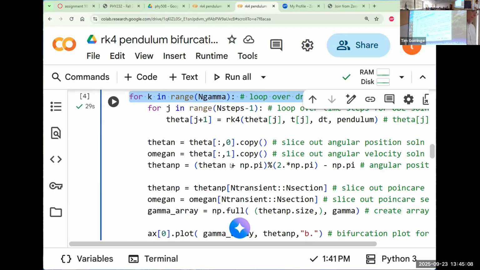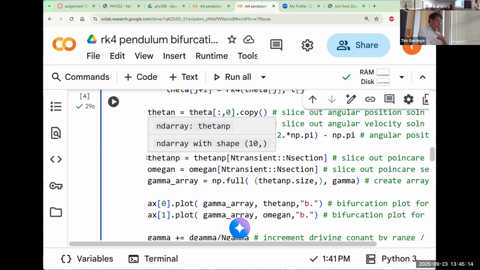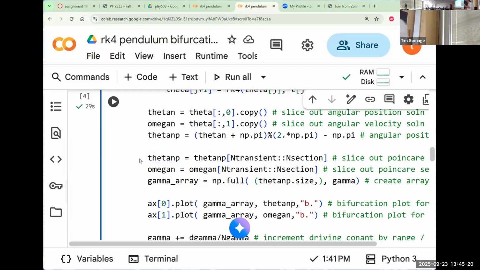And then when I make the Feigenbaum plot, or the bifurcation plot, the other change is that my axes are not going to be theta and omega. What I'm going to do is plot the theta Poincare section points vertically and the driving constant horizontally.